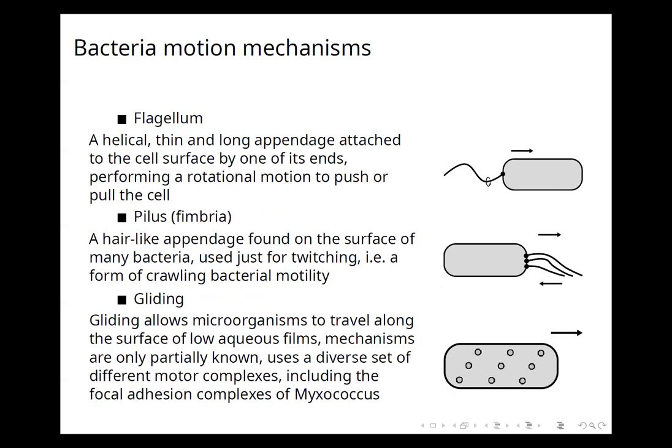Typical bacterial motion mechanisms are the flagellum, which rotates and pulls or pushes the bacteria; fimbriae, which are a lot of hair-like appendages which can crawl along some surface; or gliding, which is less understood and less explained, and for some cases like Myxococcus, it can be explained through focal adhesion complexes, but that cannot be used in every case.